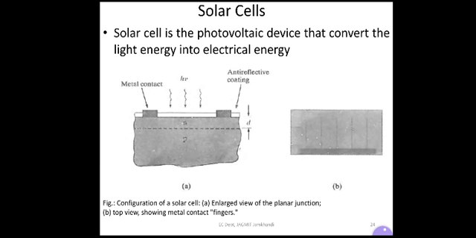A solar cell is made of crystalline silicon that consists of an n-type semiconductor and a p-type semiconductor.